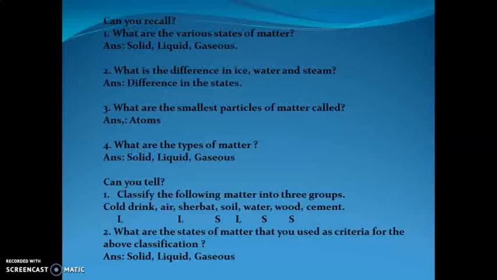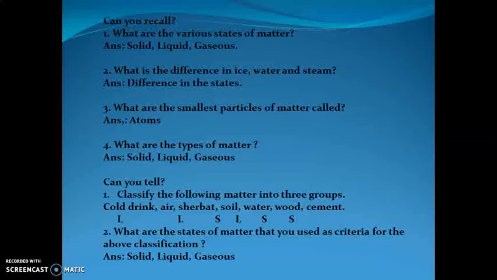Okay, so we have seen in the previous standard that all the objects that we see around us, and also those which cannot be seen, are made of some matter or other. So everything is made up of matter. Now, based on this, we have a few more questions.